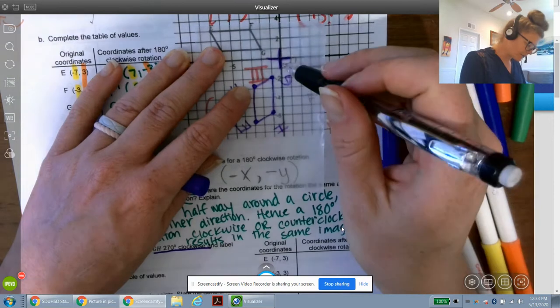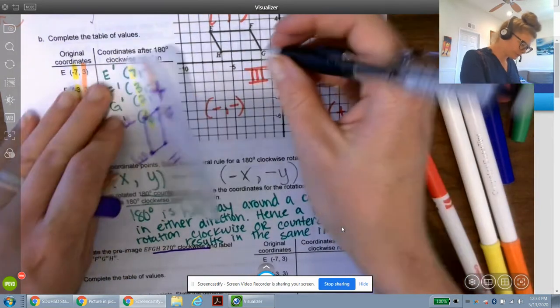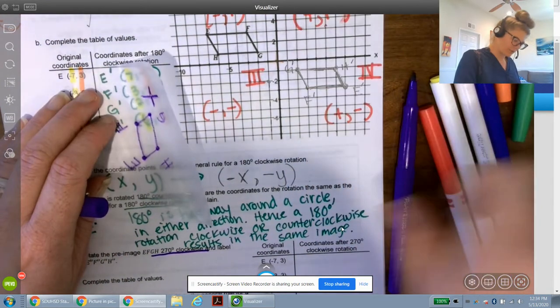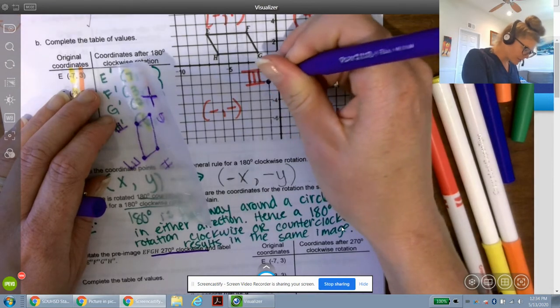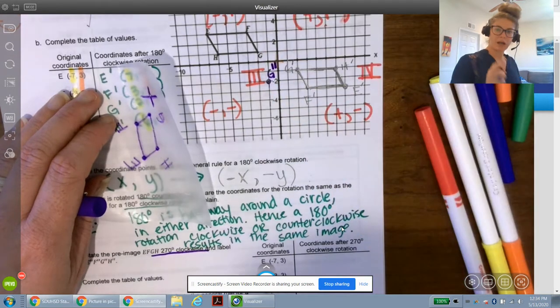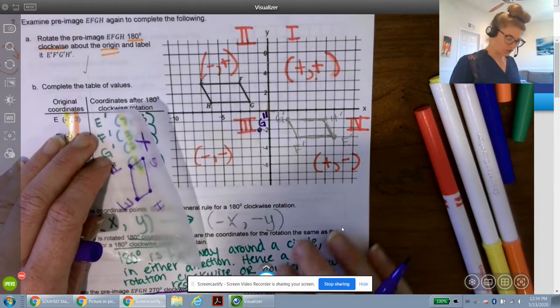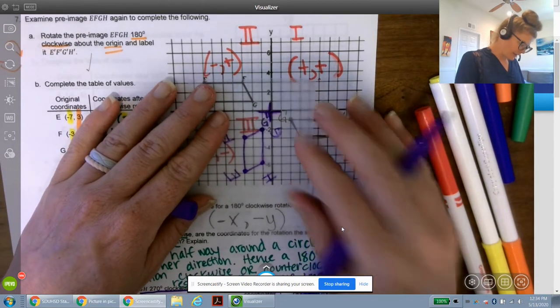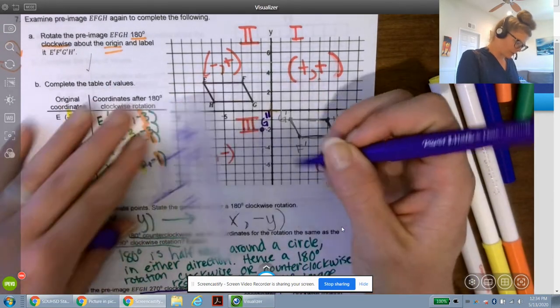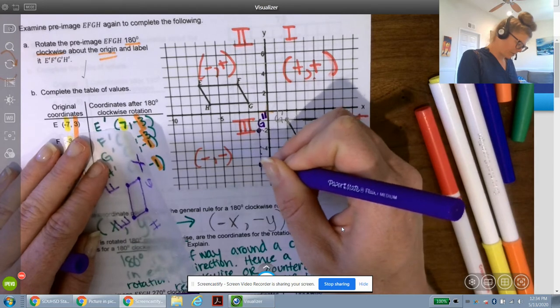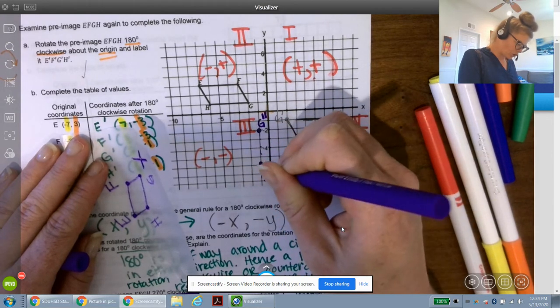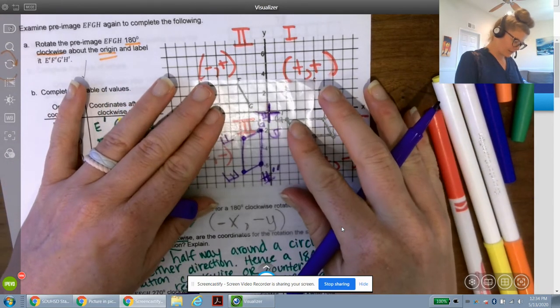So G is going to be at -1, -2. Oops, I remember I'm using a different color now. So this is G double prime. Remember to label it such, G double prime. H is 1, 2, 3, 4 units down. H double prime.